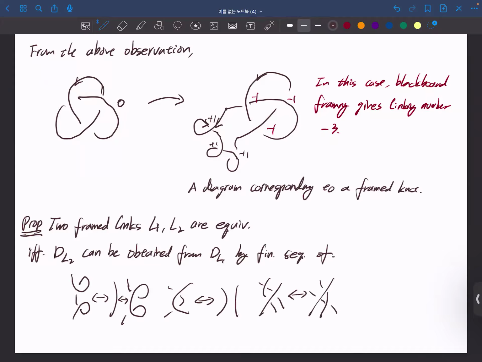Two framed links L1, L2 are equivalent if and only if corresponding diagrams are equivalent by those three moves.